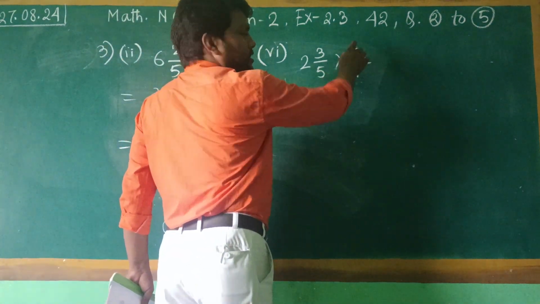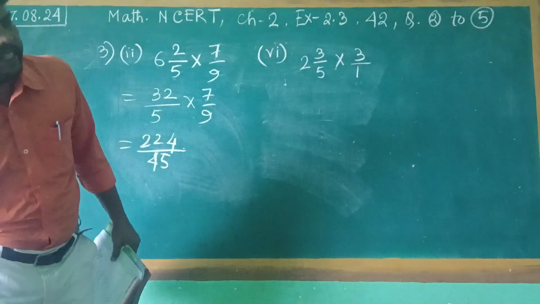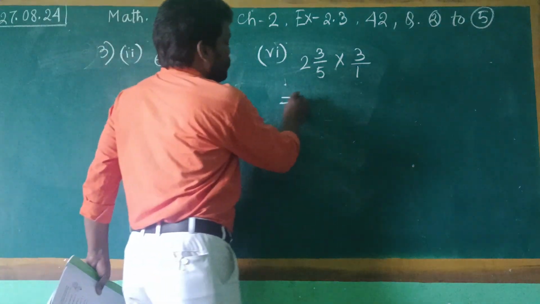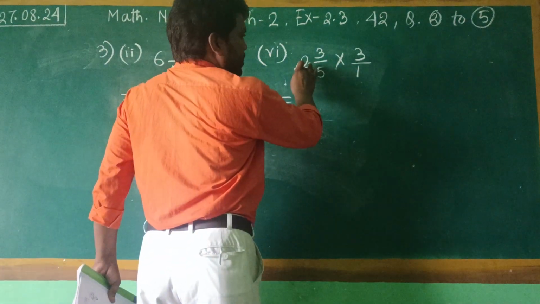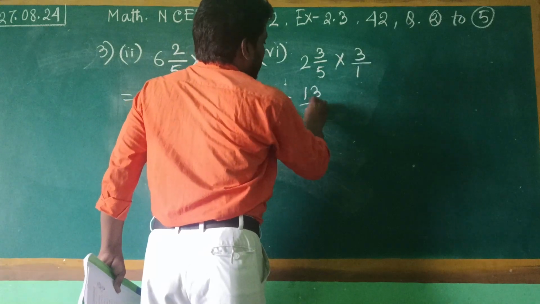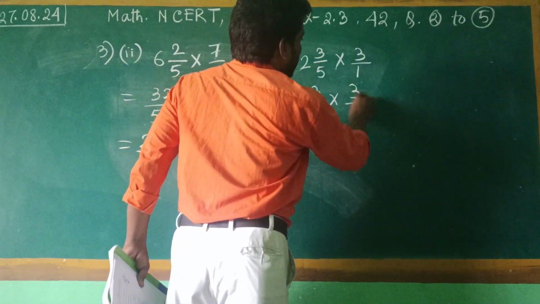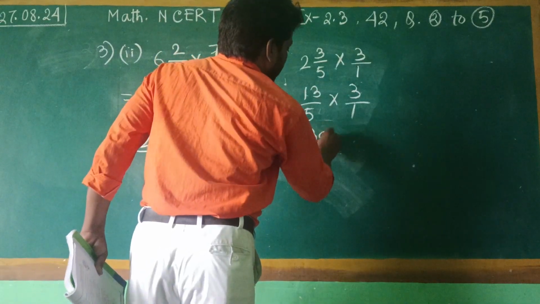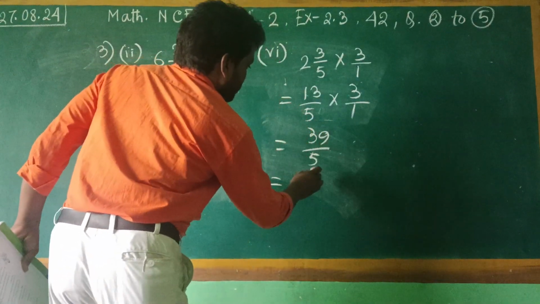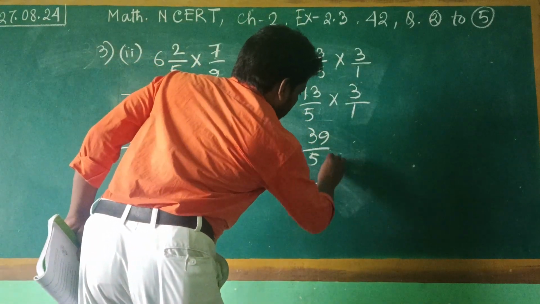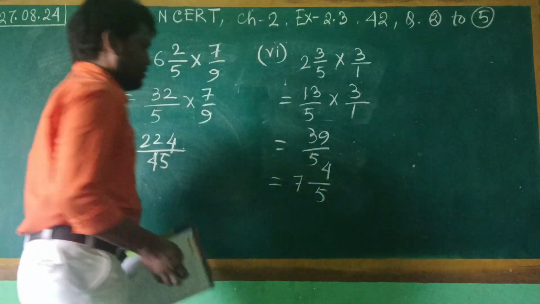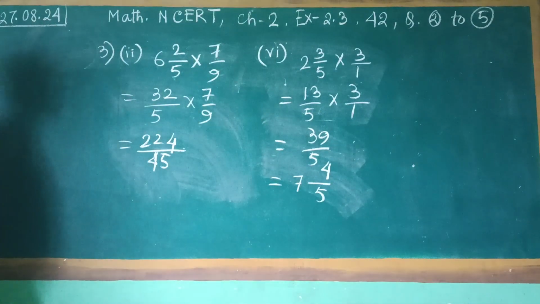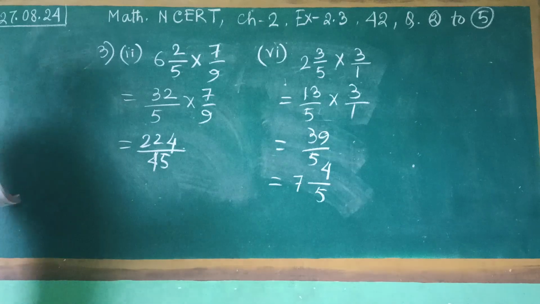No, it is in the upper portion. That means it functions as the numerator. So change into an improper fraction at first. 5 twos are 10, plus 3 is 13 divided by 5 into 3 divided by 1. 3 thirteens are 39 divided by 5. 5 sevens are 35, plus 4, so 7 and 4 by 5.